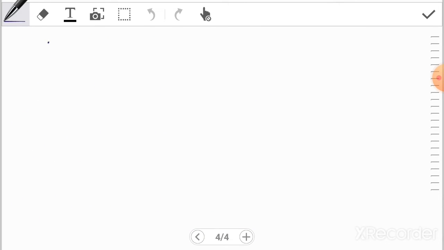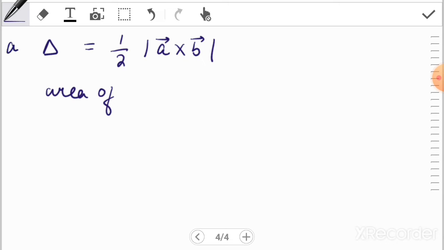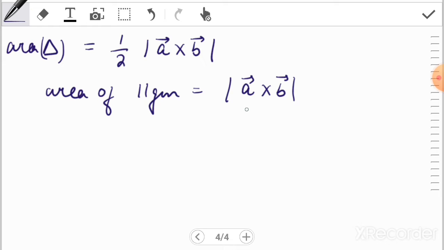So area of triangle will be half of A cross B, and area of parallelogram, if two vectors are given, will be magnitude of A cross B, where this vector and this vector are adjacent sides.